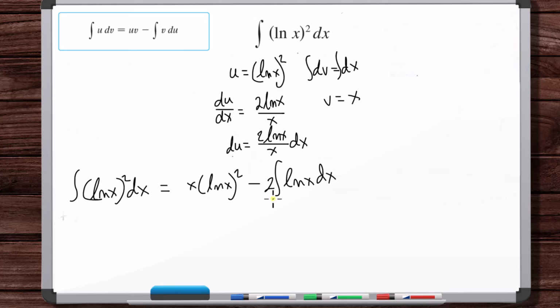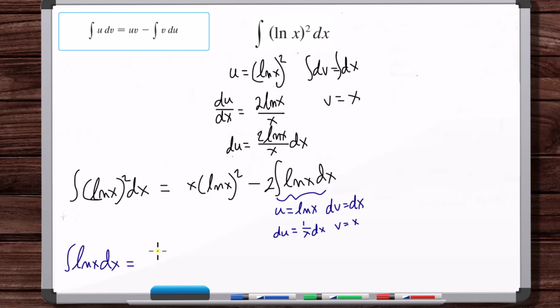So u is equal to natural log of x, dv is equal to dx. So v is equal to x, du is equal to 1 over x dx. So this is equal to uv minus the integral of v du, which is just dx.